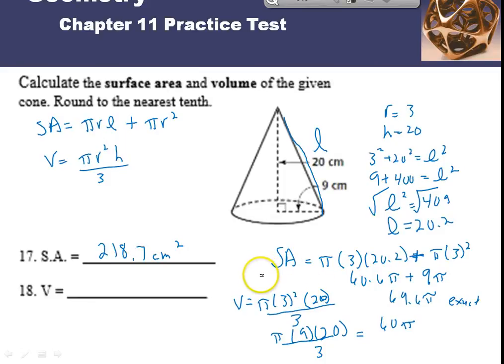And that's the exact answer, and the nearest tenth answer would be 60 times pi, which is 188.5. So 188.5 centimeters cubed. Okay, that's 18 and 17.